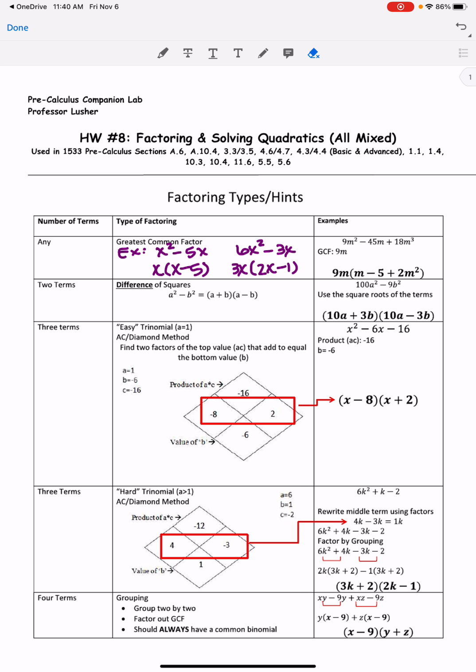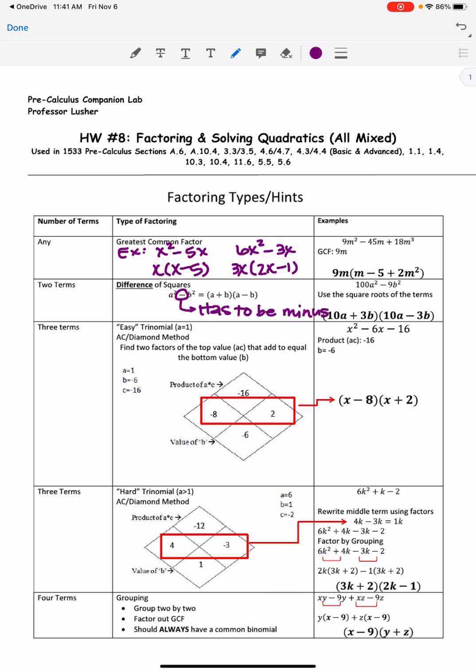Then you have 2 terms. If you have a difference of squares, notice that this is underlined, it's bold. This has to be a minus right here. If it's a plus, then that's prime.